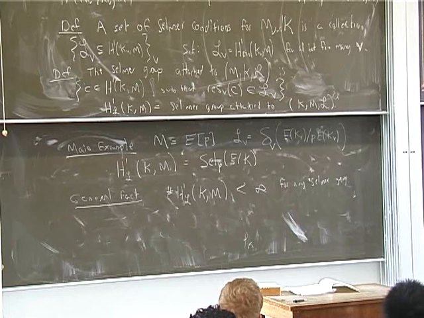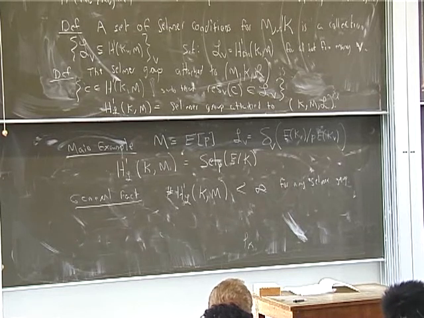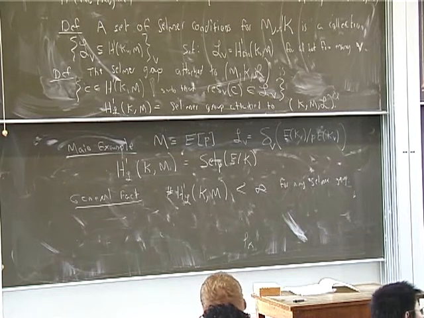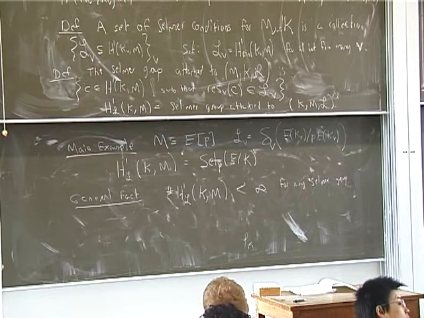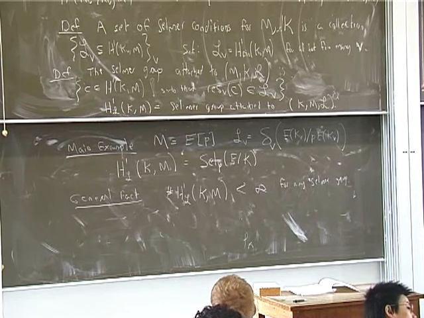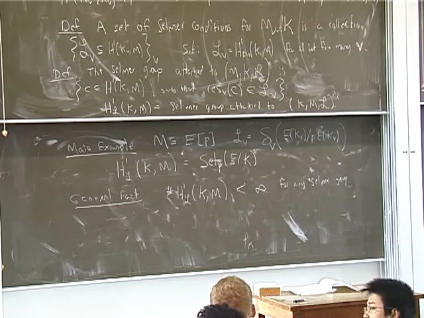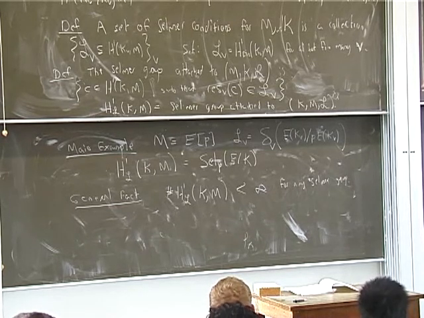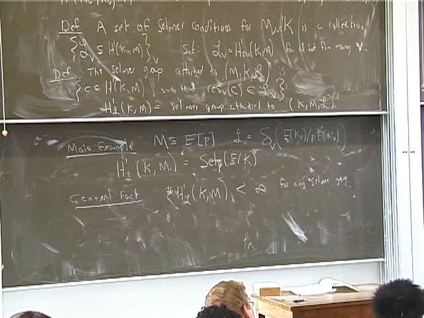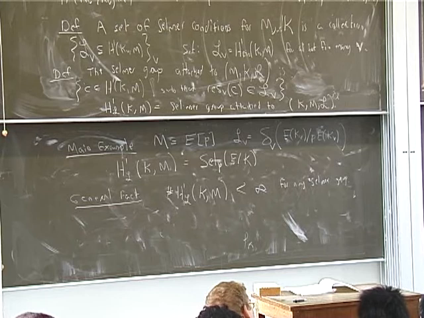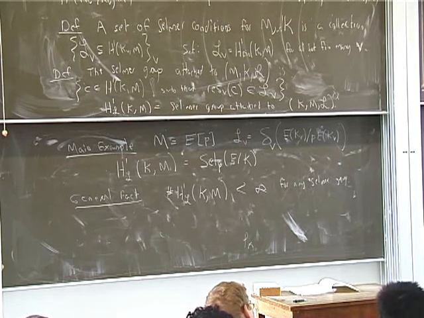So the local condition LV could be 0. You'll see some cases where I ask that LV be 0, or that LV be all of H1 of KV. But I do want to insist that at almost all V, it is H1 finite. So it's a bit like the definition of the adeles, a kind of restricted direct product.